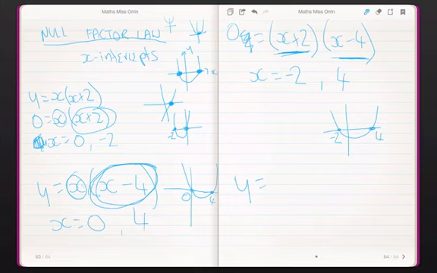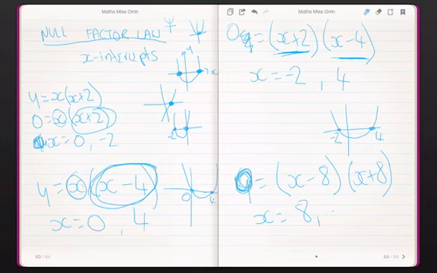What if we had y equals x minus 8, x plus 8? Okay, we make this 0. So for this to be true, x needs to be 8. And for this one, it has to be negative 8. So we would have a graph that would look, whoops, why did I draw it like that? Let's get rid of that. That's very silly of me.